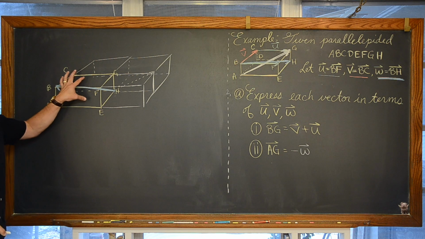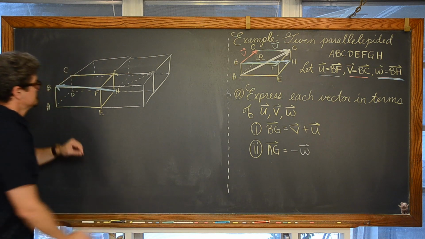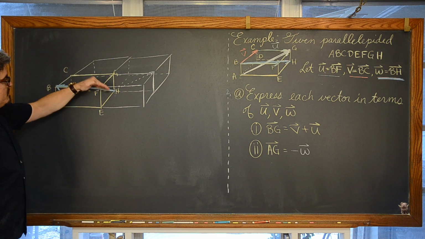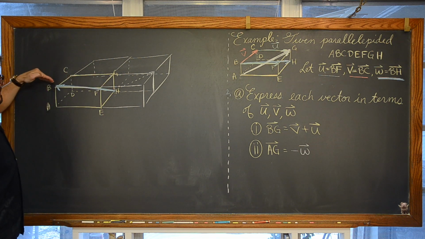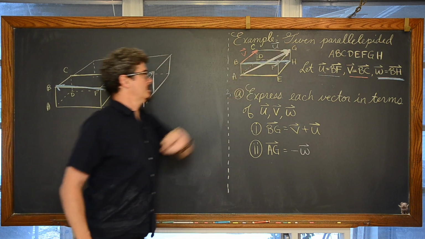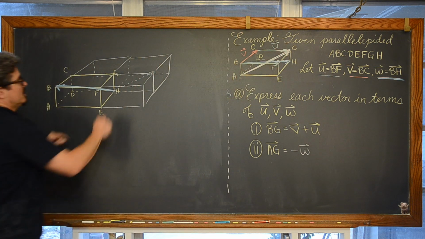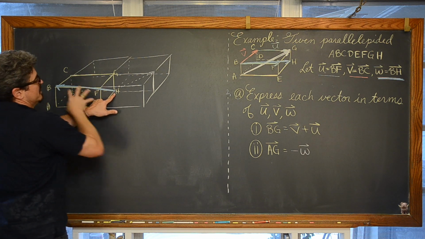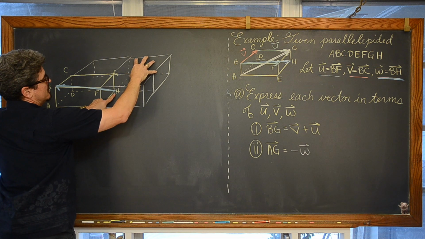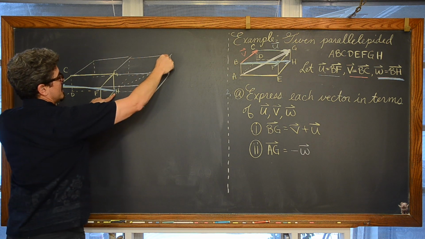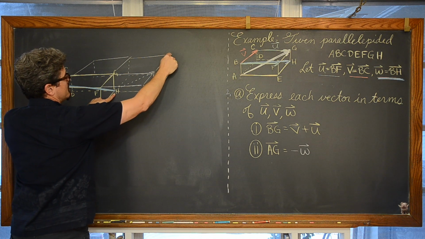Okay, the yellow one is the original one, right? I had a vector going from the front left down to the lower right. I need to go in the opposite direction to get that movement up, like we have for A going up to vertex G. Well, if I sort of transpose this yellow parallelepiped back here in the back right-hand corner, I want to go from this front lower left corner to the up rear right corner.